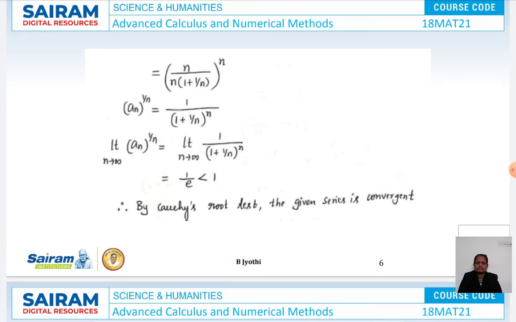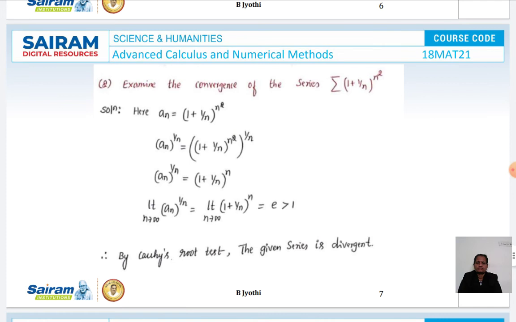Limit of an to the power of 1 by n is equal to limit n tends to infinity 1 divided by (1 plus 1 by n) to the power of n. And we know that by using the formula, the denominator will be equal to e. So 1 divided by e is less than 1. Hence, by the Cauchy's root test, the given series is convergent.